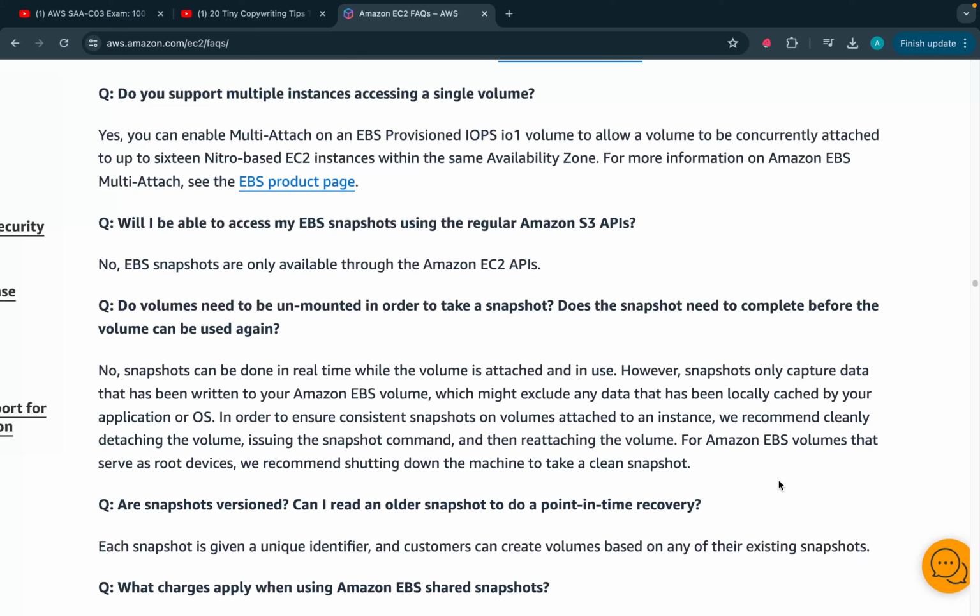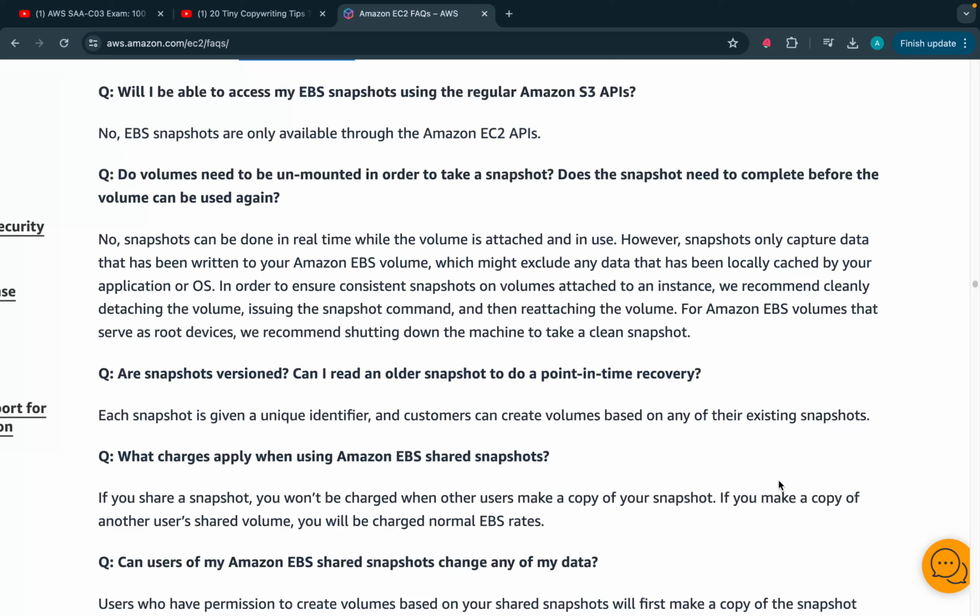In order to ensure consistent snapshots on volumes attached to an instance, we recommend cleanly detaching the volume, issuing the snapshot command, and then reattaching the volume. For Amazon EBS volumes that serve as root devices, we recommend shutting down the machine to take a clean snapshot.